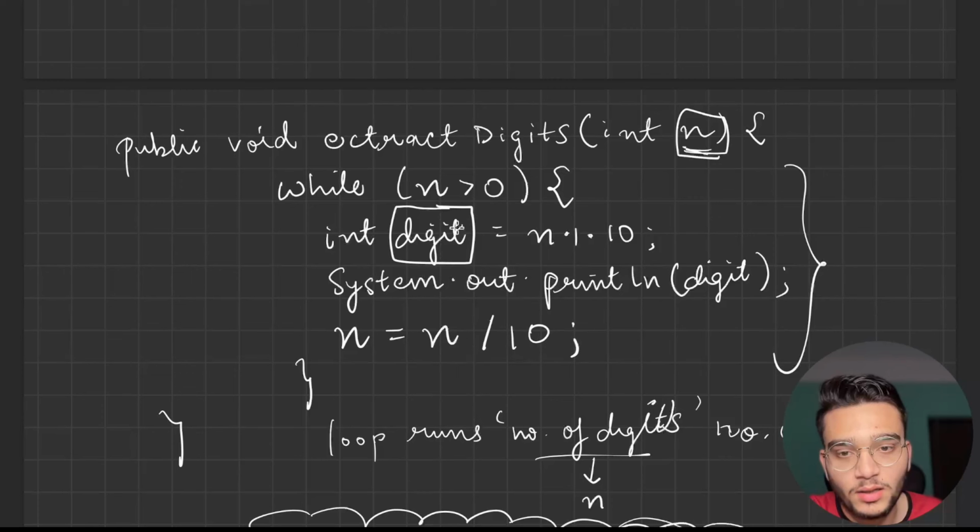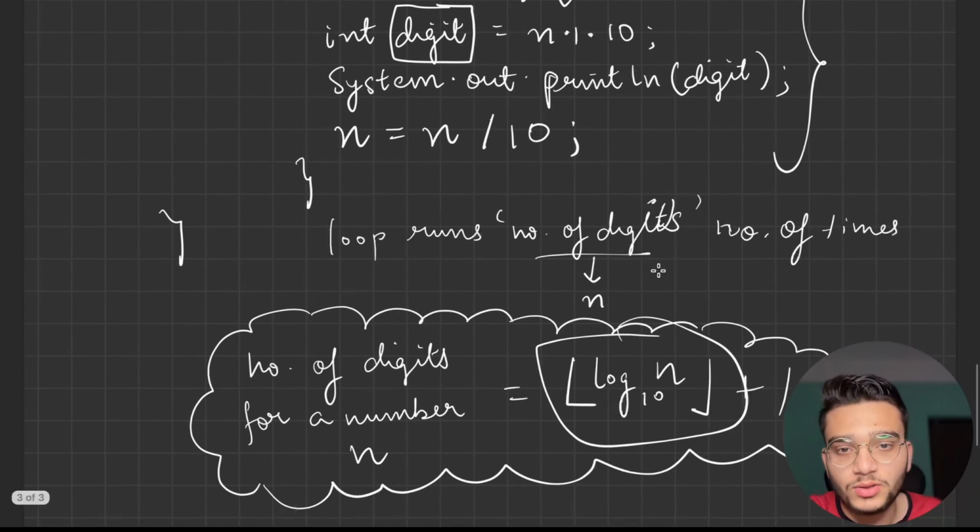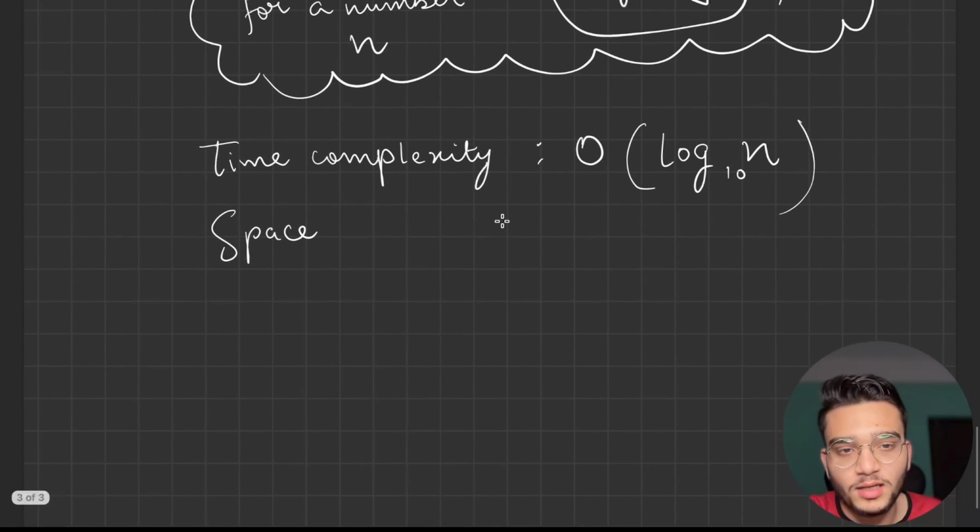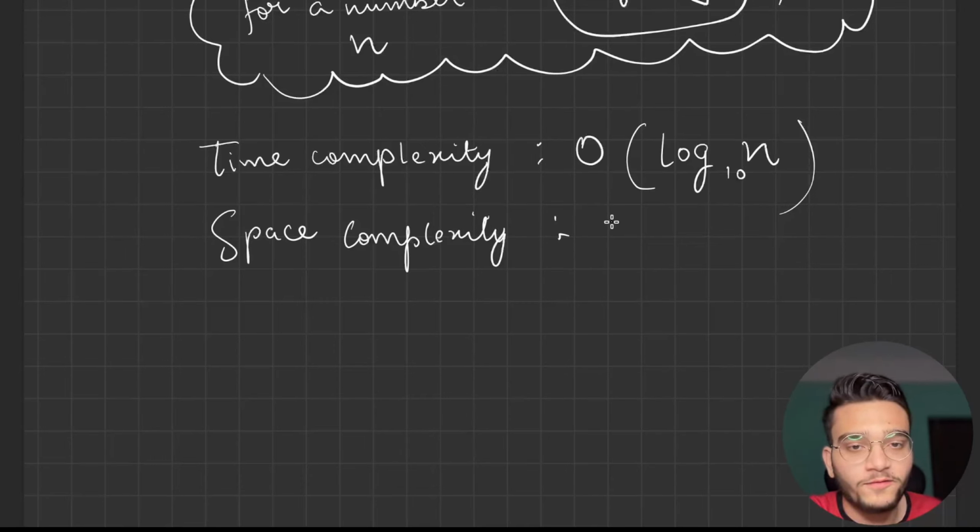So it is occupying constant space. The amount of space occupied does not depend on the input, which is n in this case. So we can say that the space complexity for this algorithm is O of 1. Yeah, so that's it.